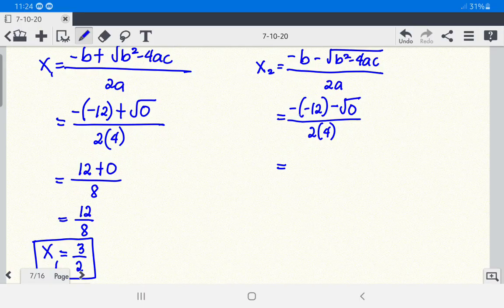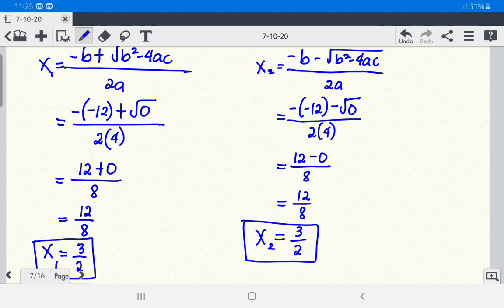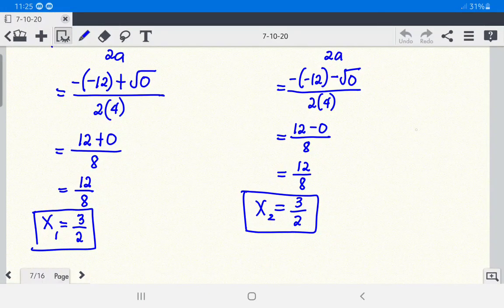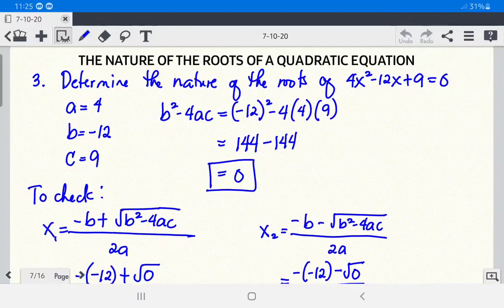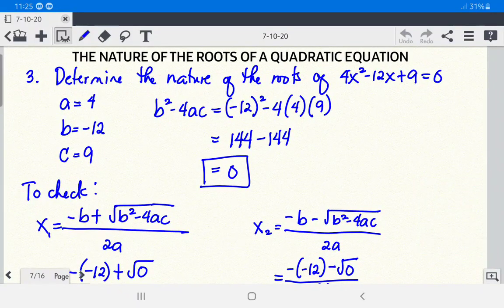Okay. Negative 1 times negative 12, we have positive 12. Then minus 0 over 2 times 4, we have 8. Then we have 12 over 8. Now, the lowest term is the same, 3 over 2, right? So, notice that the roots or the solutions are the same. So, the discriminant is 0.